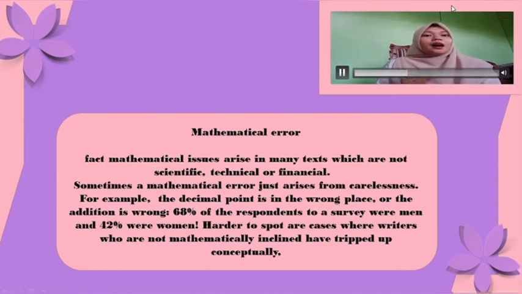Very common are problems with percentages. An increase in weight from 2 grams to 7 grams is a 250% increase, but a drop in weight from 7 grams to 2 grams is not a 250% decrease.